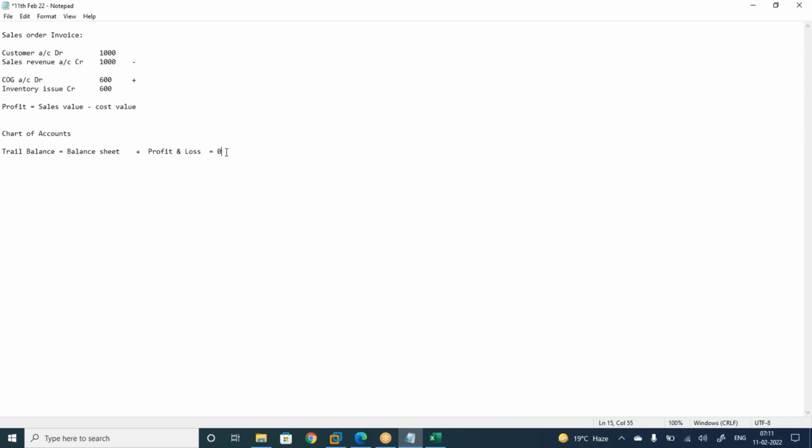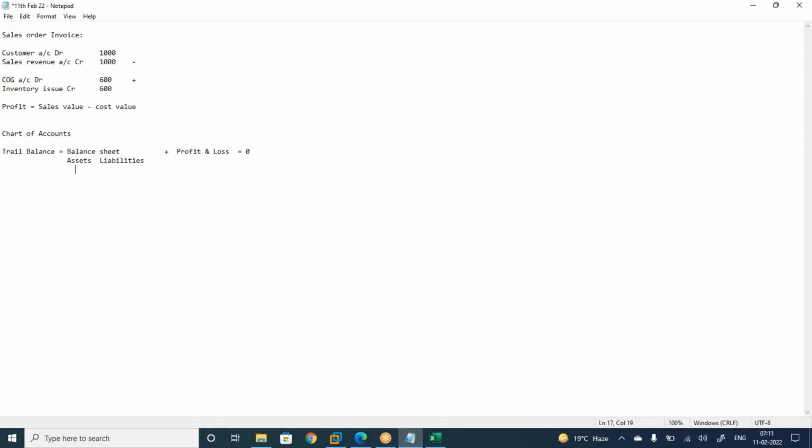So if you want to get 0, the balance sheet is classified into two parts, assets and liabilities. Assets will always be positive.